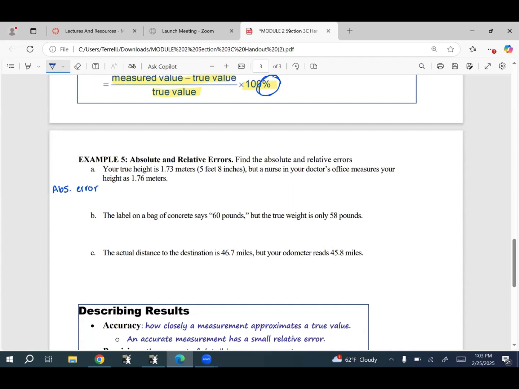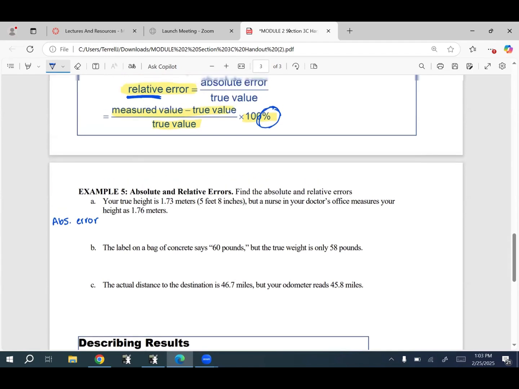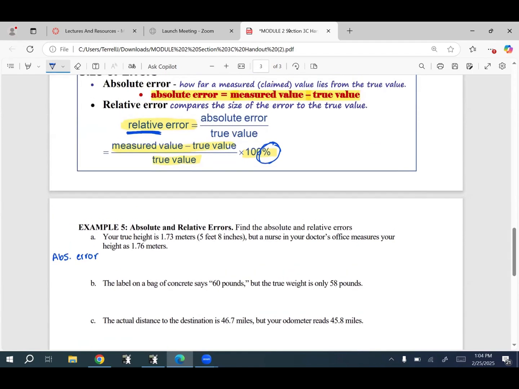The formula for absolute error, remember, is measured minus true. You can memorize it like that. The measured height is the one that the nurse measured, which is 1.76. Measured minus true height, 1.73. You're just taking the difference between the two, and that's 0.03. That is your absolute error.